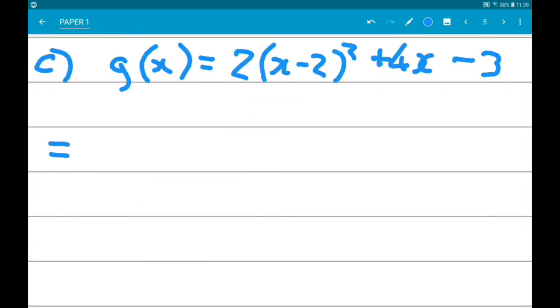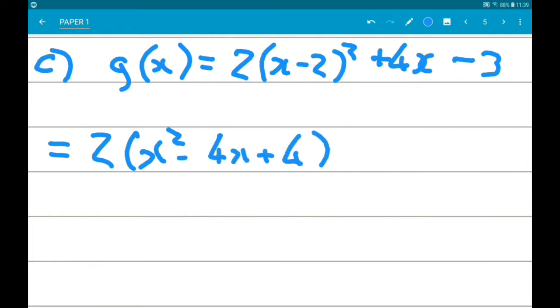So, we need to expand, simplify and complete the square on g of x, so that we then know how we get from f to g. So, g of x is 2 lots (x squared minus 4x add 4) add 4x minus 3.